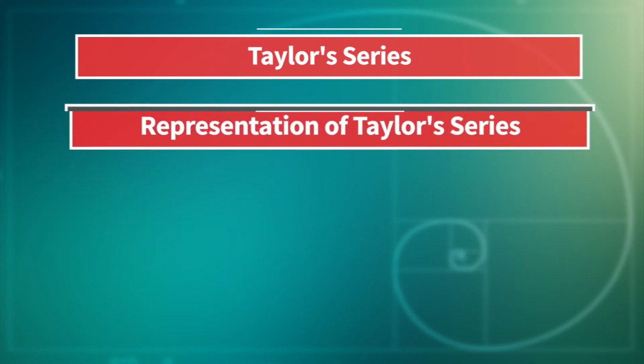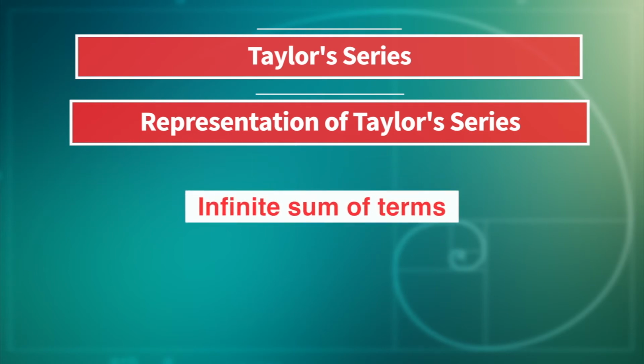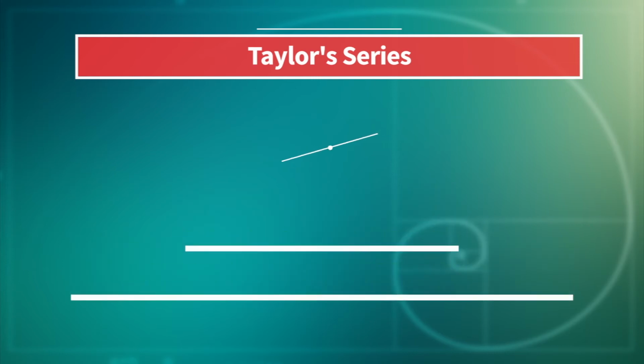Now let's understand how to represent this series. Taylor's series is a representation of a function as an infinite sum of terms that are calculated from the values of the function's derivatives at a single point.